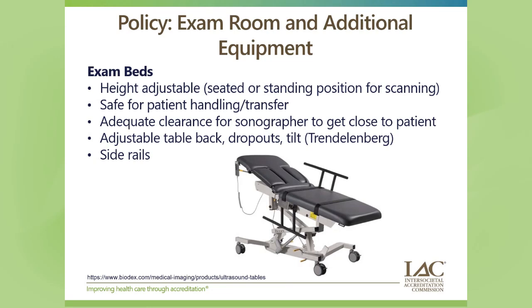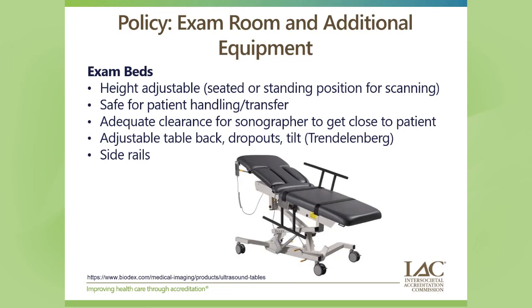There needs to be adequate clearance for you as a sonographer to get close enough to the patient. And we all know with different views, sometimes you might need to change where you're located along the exam bed so that you are able to maintain that close proximity to your patient.